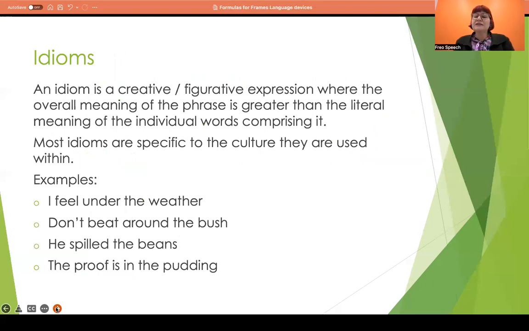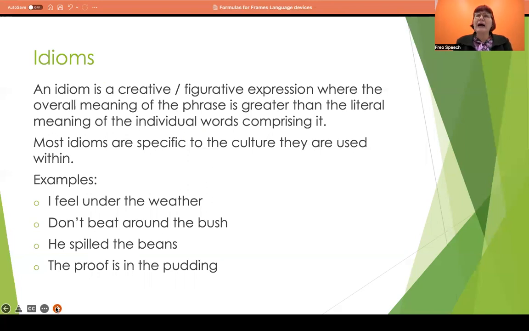So idioms, they came up a couple of times, not often, and they are interesting. They are sentences or phrases where you cannot interpret what they mean from just a literal, superficial processing of the words.